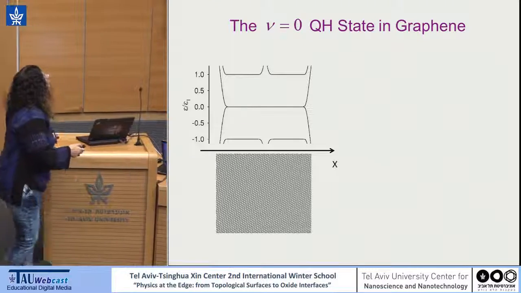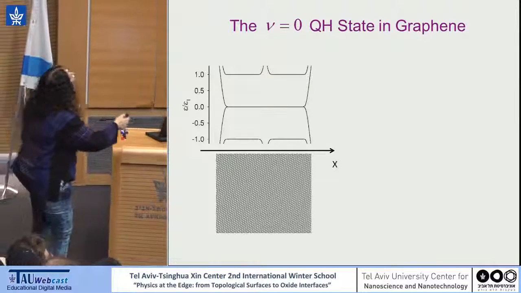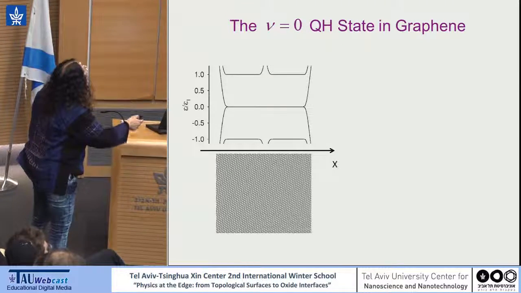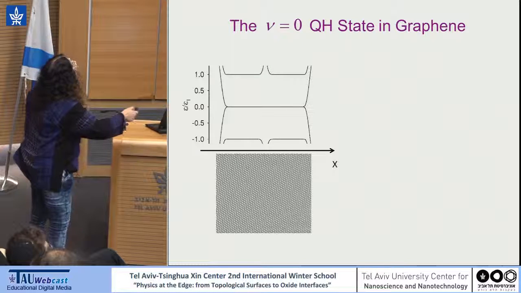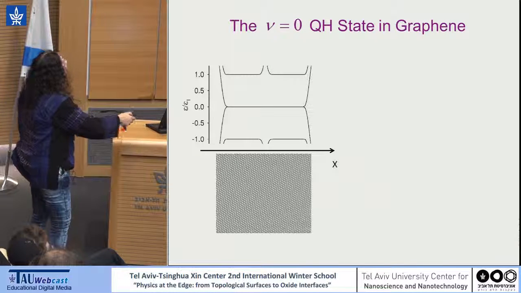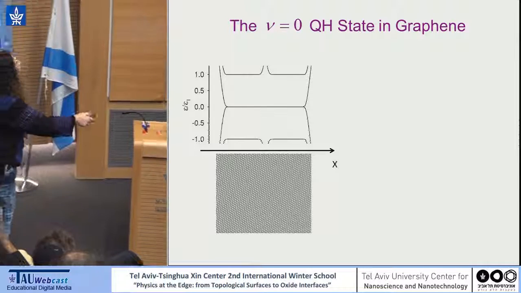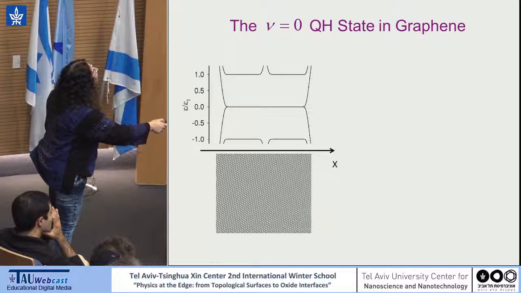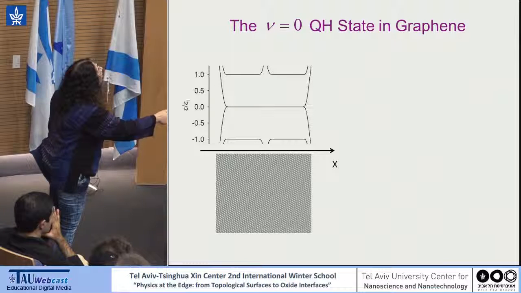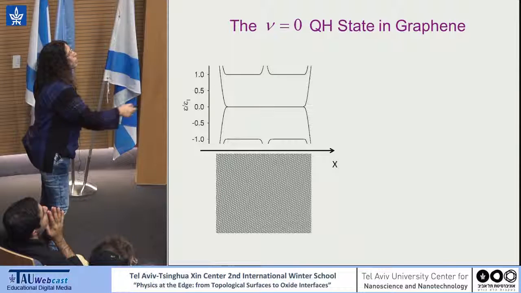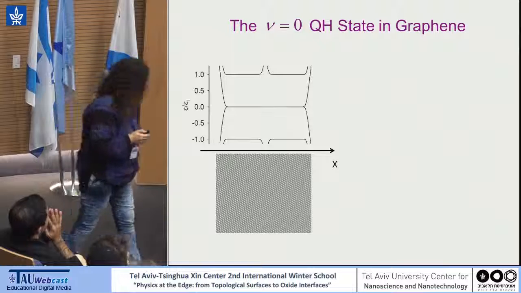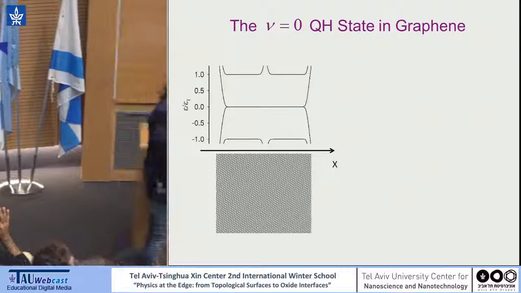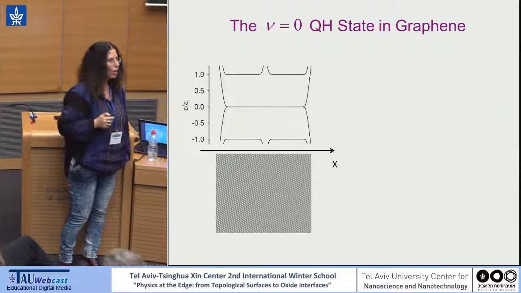What you see here is the spectrum of Landau levels in a ribbon of graphene, plotted as a function of the guiding center. Indeed, there is a Landau level spectrum that includes a Landau level state at exactly zero energy.